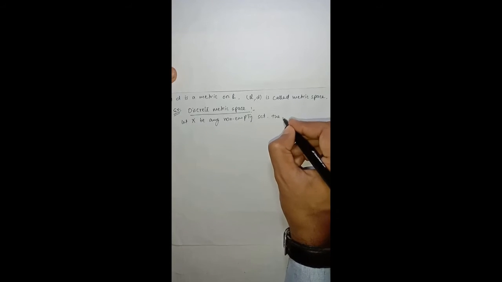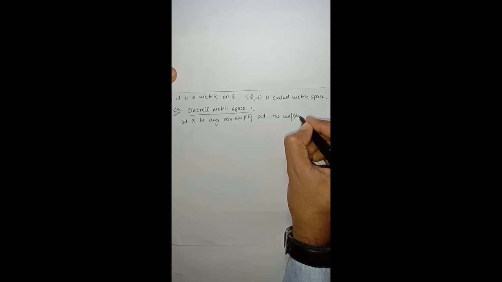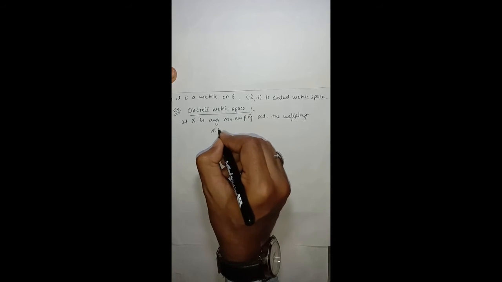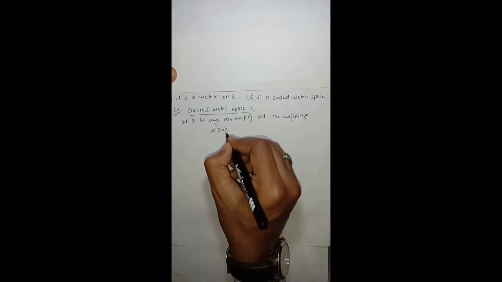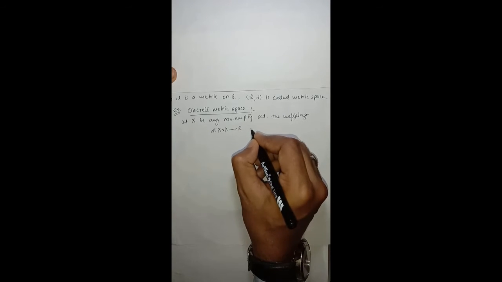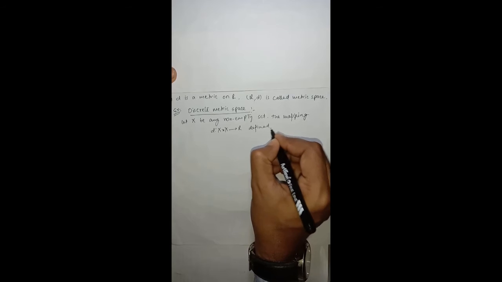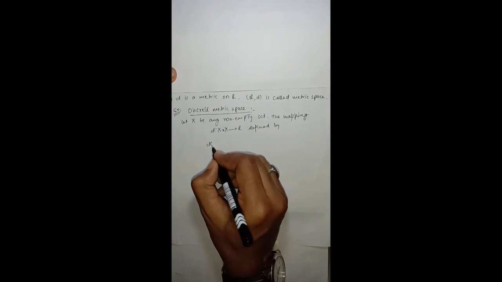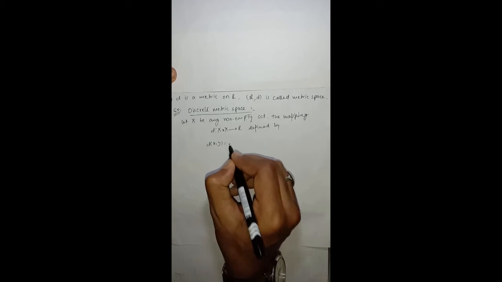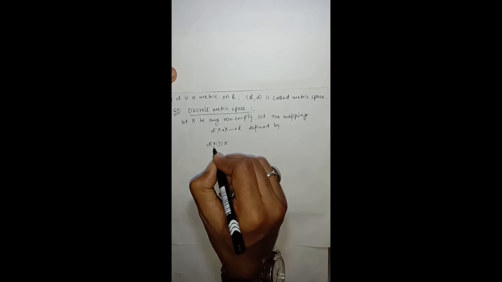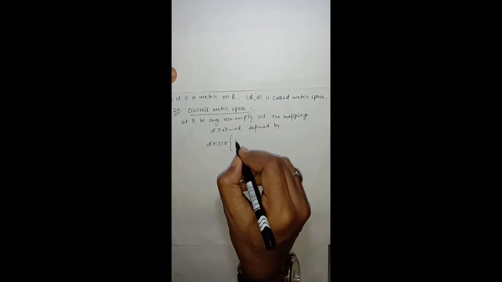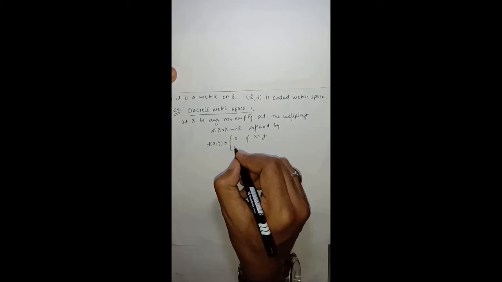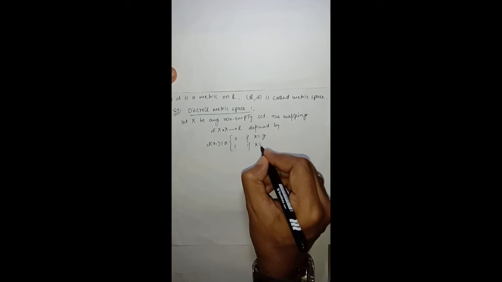The mapping d from X cross X to R defined by d(x, y), the distance between x and y, is 0 if x is equal to y and 1 if x is not equal to y.